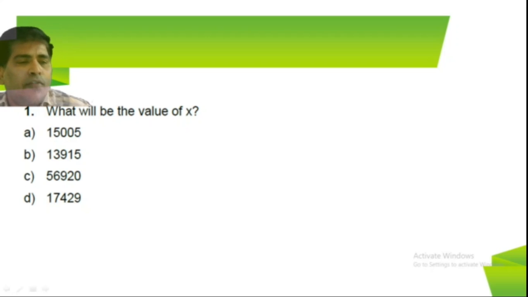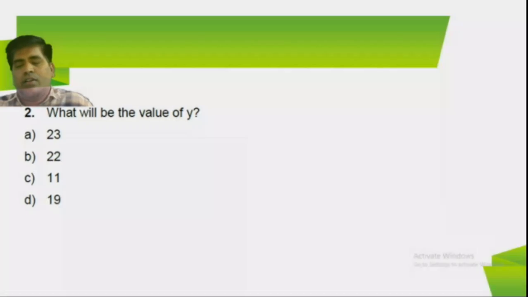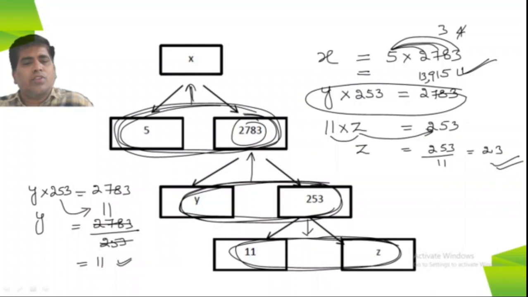What is the value of x? We get it as 13,915. It is the combination of 5 into something. So if you go back and recheck, the value of x is 13,915.